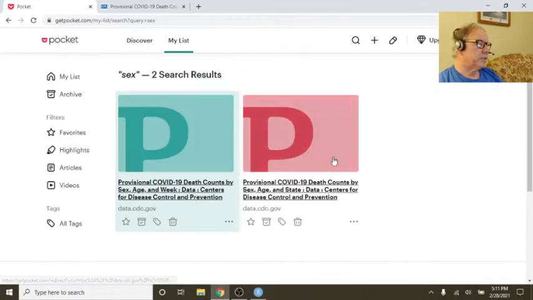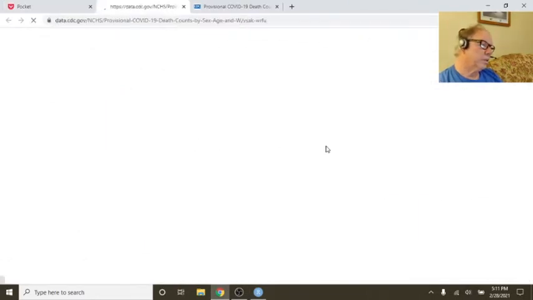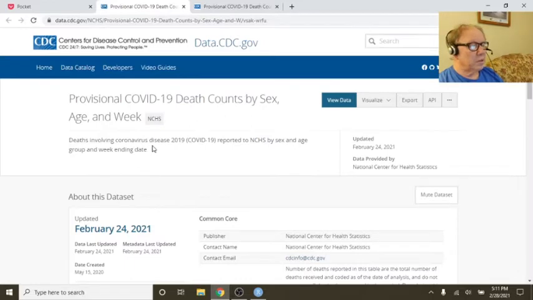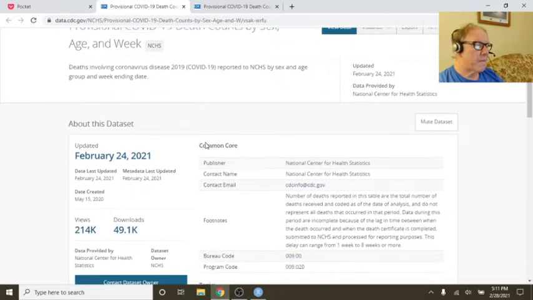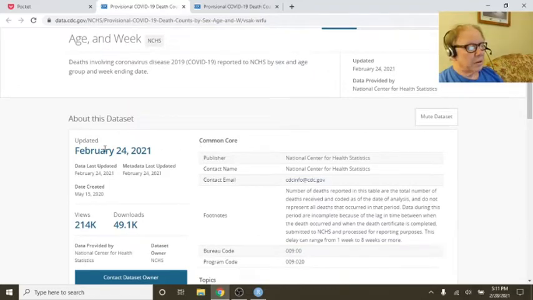Maybe it explains it somewhere. I don't know. Any warnings? Deaths involving COVID-19? Look at this. But it wasn't updated on the 24th.